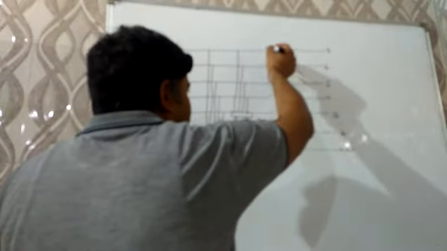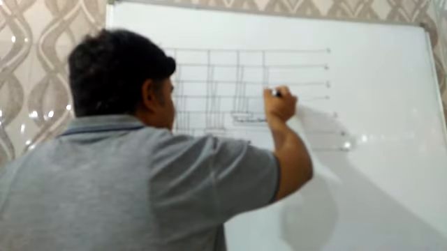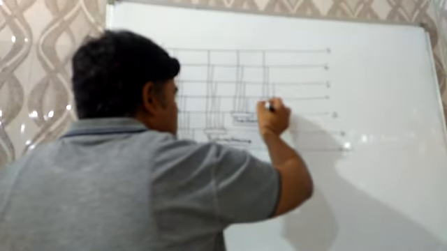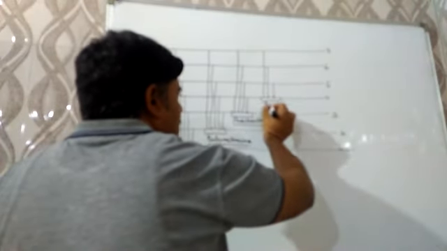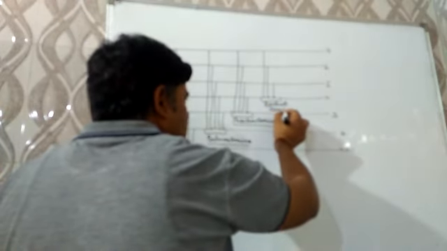Next series of lines in the spectrum of hydrogen-like species is known as Brackett series. Brackett series means when the electron jumps from higher energy level to the fourth energy level.